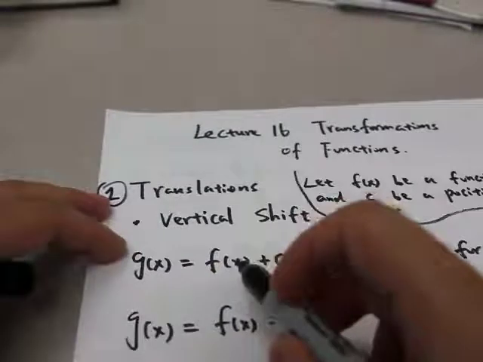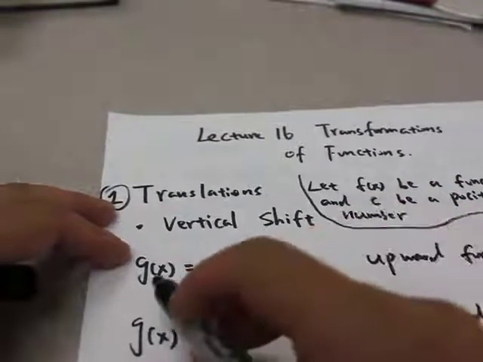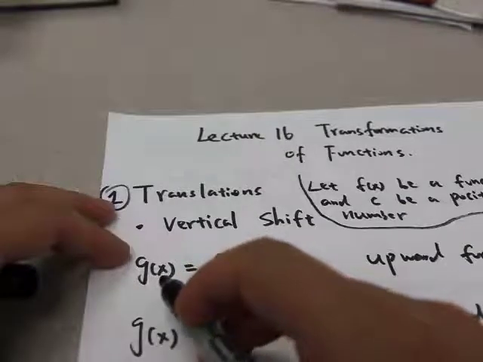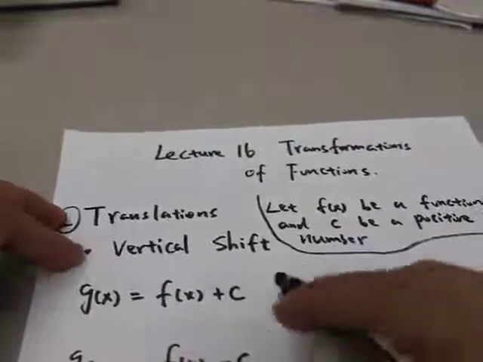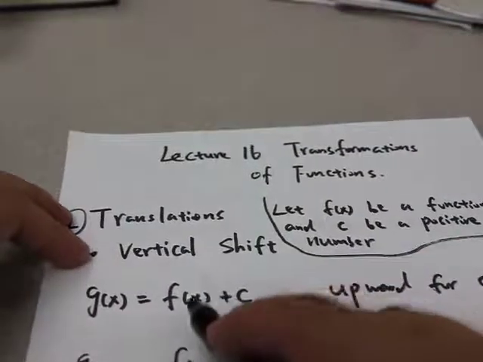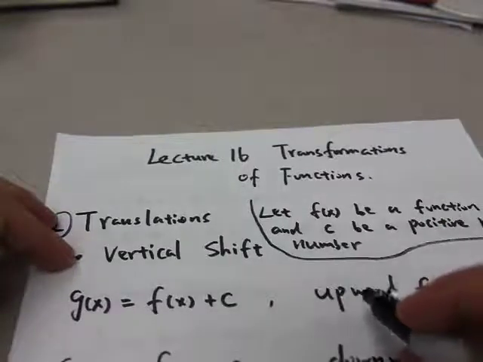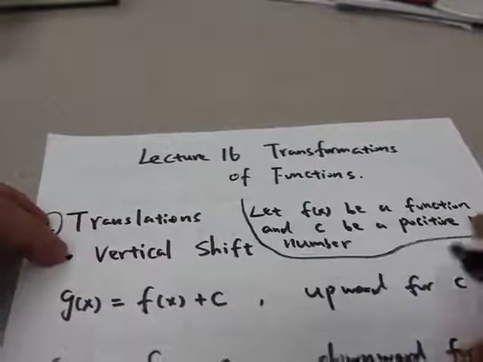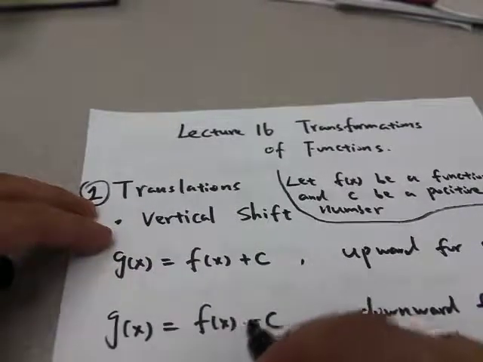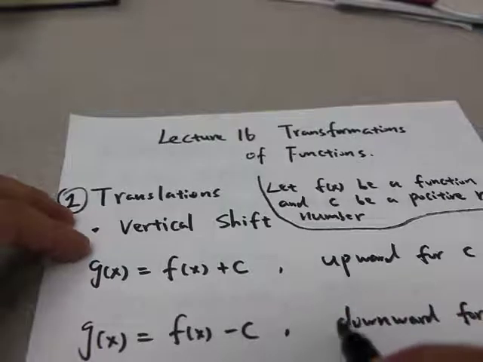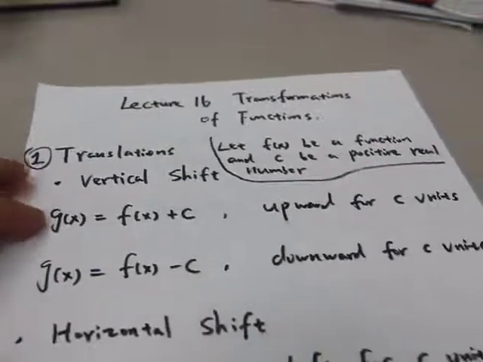For example, if we add this positive number after the f(x), the function we generate is g(x), and the graph of the function g(x) is the graph of f(x) shifted upwards for c units, and the graph of the function g(x) equals f(x) minus c is the graph of f(x) shifted downward for c units.